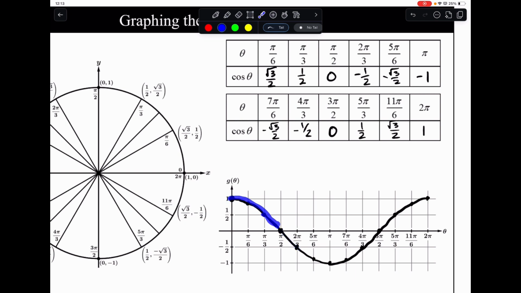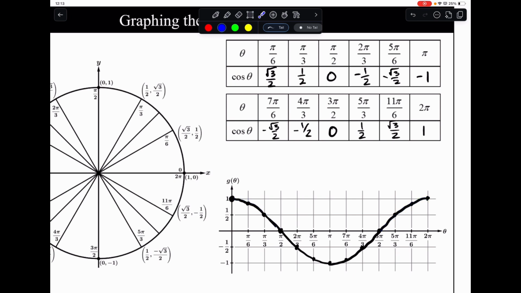It's concaving down right here, and then concaves up right there. So whenever the graph is below the midline, it's concaving upwards, and above the midline it's going to be concaving downwards.